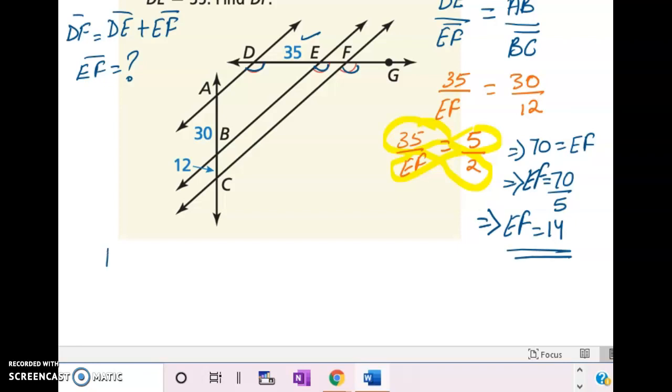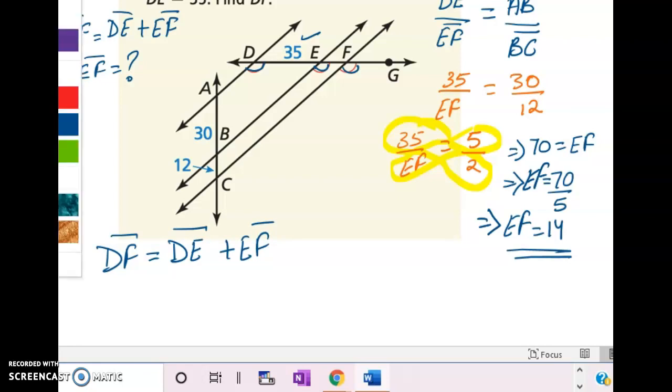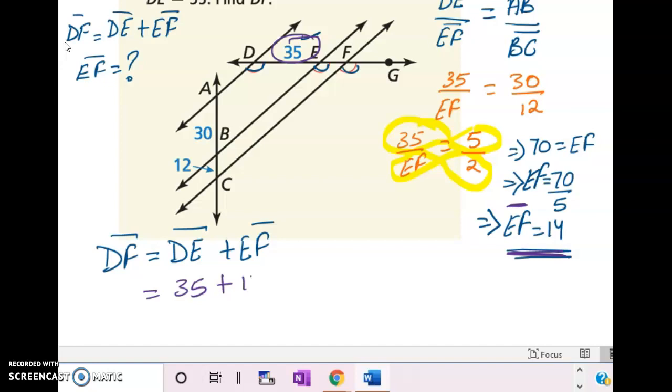What is DF? So DF is nothing but the addition of DE plus EF. And we just got to know the value of EF right here. Segment EF is 14. DE is 35 right from here, and 14 right from there.